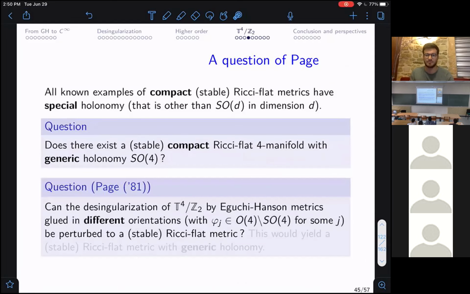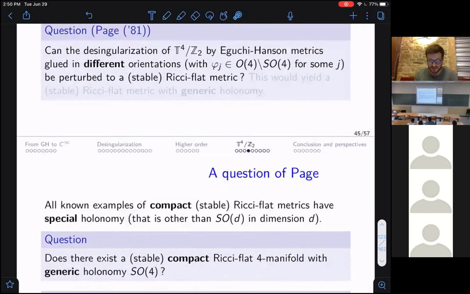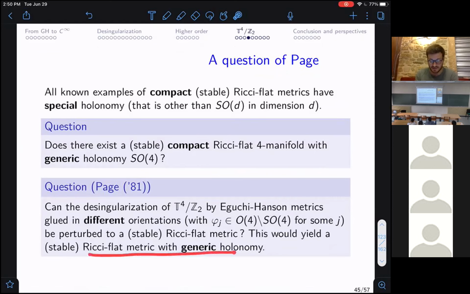It's probably the best candidate at the moment, which is to take the same orbifold, but this time glue Eguchi-Hanson metrics in different orientations. And the question is, can we perturb it? If so, this would yield a stable or not Ricci flat metric with generic holonomy. So that's a gluing perturbation problem that people are very interested in, because that would answer this question.